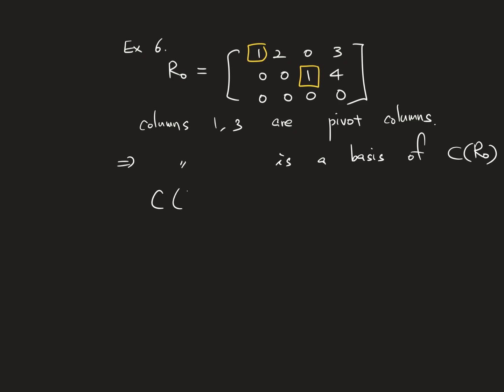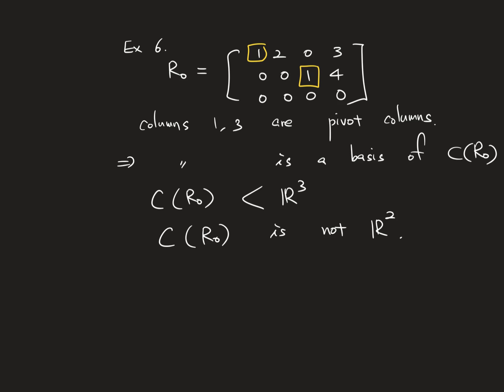And C(R0) is a subspace of R3. Because we have only two vectors, it could not be the same. But we have to be careful: C(R0) is not R2. Only the dimension is the same.